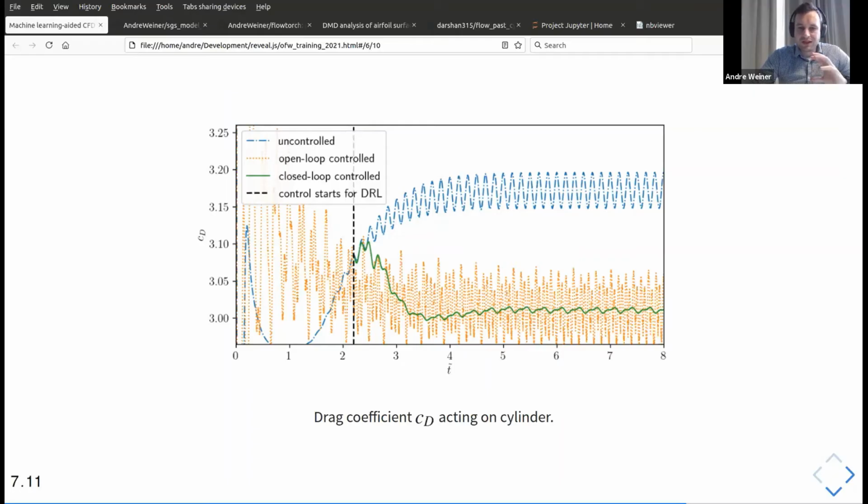It just changes the angular velocity in a periodic way according to some sine function with an amplitude and a frequency. Amplitude and frequency we optimize by just running a parameter study. So just to give you some background what this orange line comprises, and the solid green line is what the closed loop reinforcement learning based controller achieved.